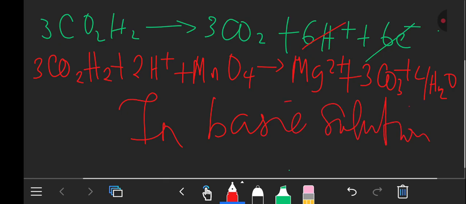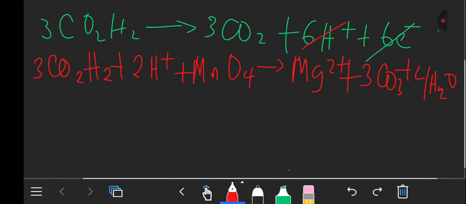In basic solution, it contains hydroxide ions. So you add how many hydroxide ions will be able to neutralize these 2 hydrogen ions. So there will be 2 hydroxide ions. So you add 2 hydroxide ions.